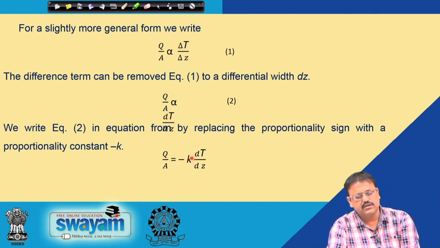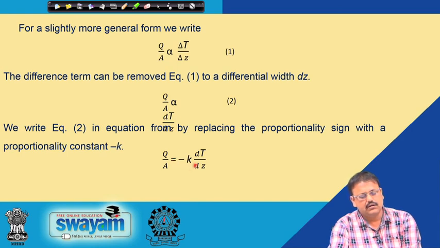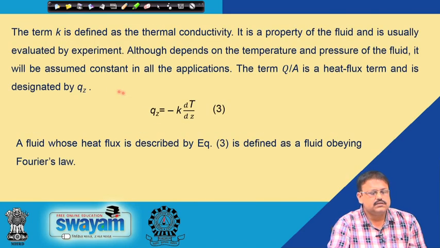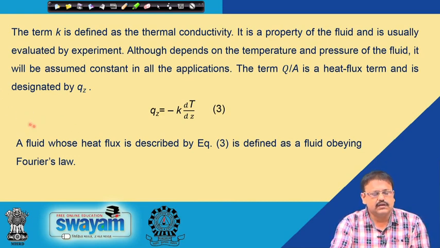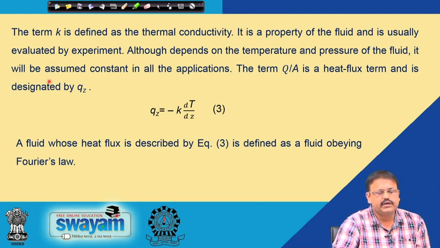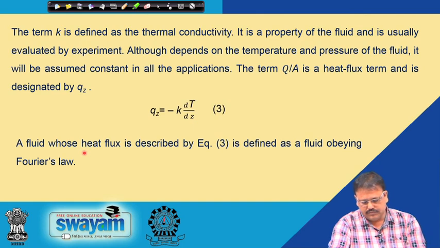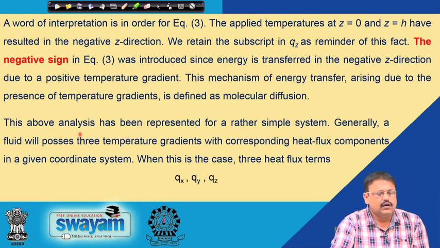Thermal conductivity depends on the material through which the heat is transferring from the hot zone to the colder zone. So, this is the one-dimensional equation. In this case, it is written qz, where the heat transfer is in the z direction, and k is defined as the thermal conductivity, which is a property of the fluid and usually evaluated by experiment.